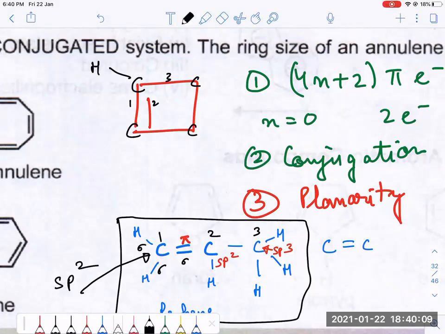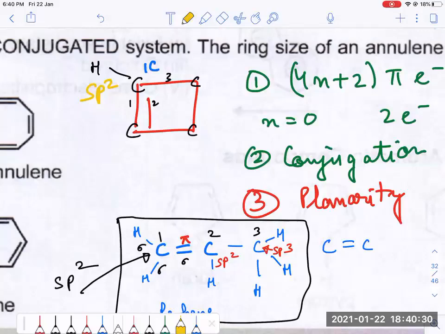Now you can tell me about this particular carbon. Let's number it 1. First carbon. Sir, 1C, sp2. Correct. This 1C is sp2, because 3 sigma bonds are there.